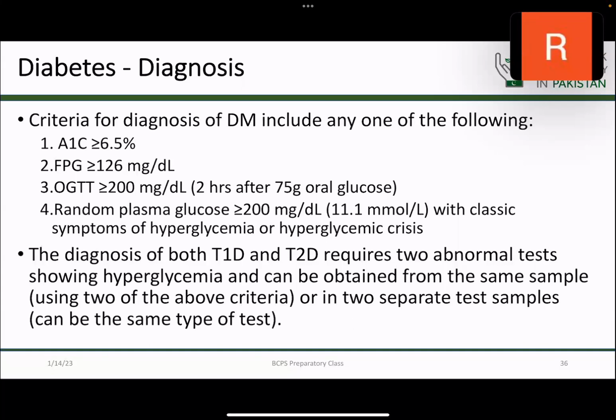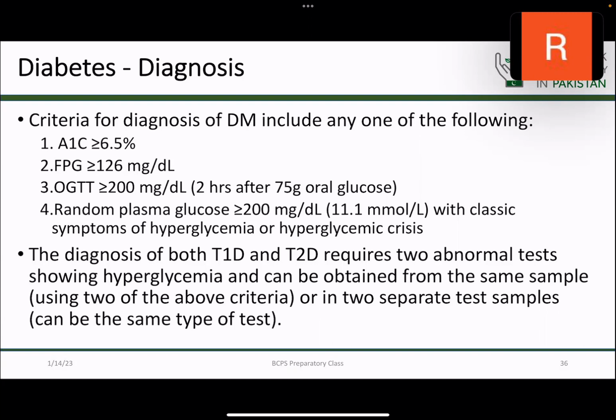And what do we mean by oral glucose tolerance test? That 2 hours after 75 gram oral glucose, the glucose level in the blood should be less than 200 mg per deciliter. And random plasma glucose, if that is more than or equal to 200 mg per deciliter with classic symptoms of hyperglycemia or hyperglycemic crisis, for example, polydipsia, polyuria, then that is also a criterion for the diagnosis of diabetes mellitus.